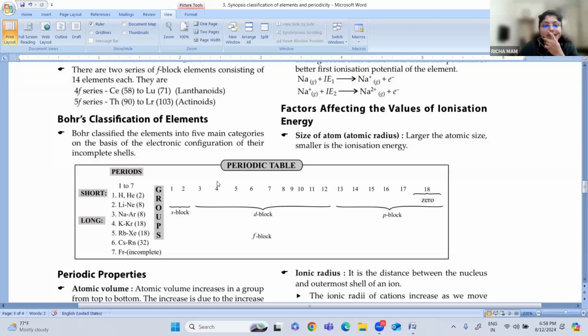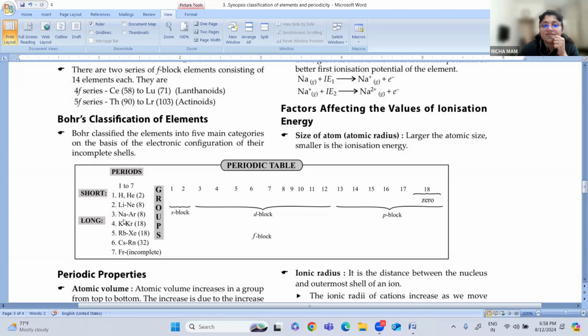And when you see the electronic configuration, here hydrogen, helium. How many periods are there? 7 periods are there. These are the short periods, that is hydrogen and helium, two elements. Then the second period is from lithium to neon.